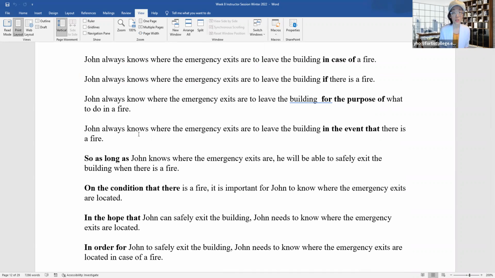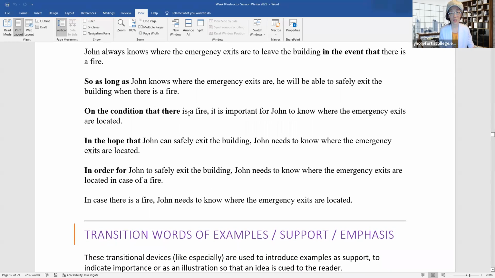So as long as John knows where the emergency exits are, he will be able to safely exit the building when there is a fire. On the condition that there is a fire, it is important for John to know where the emergency exits are located.